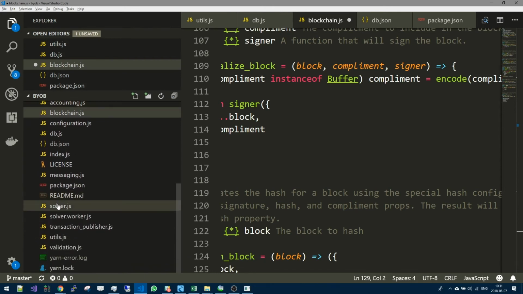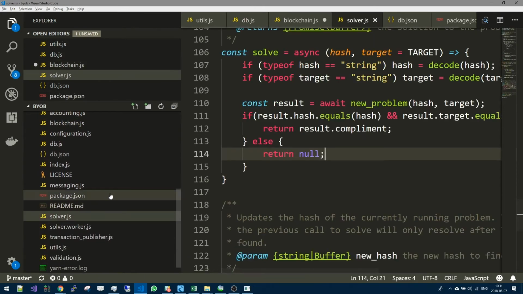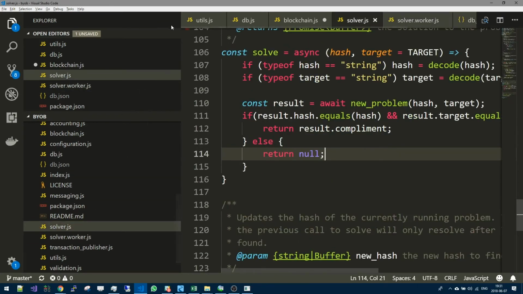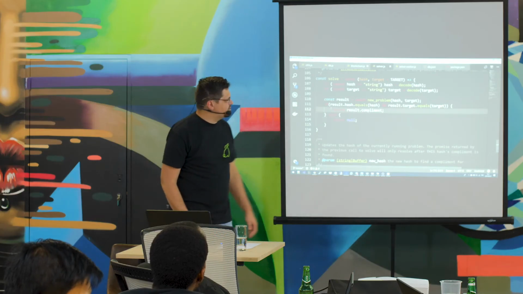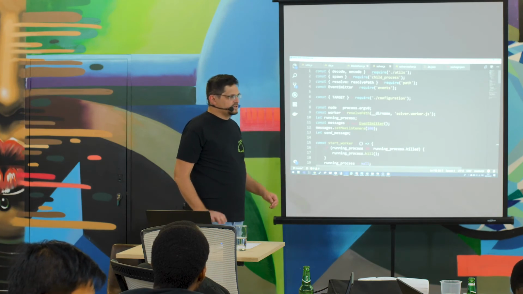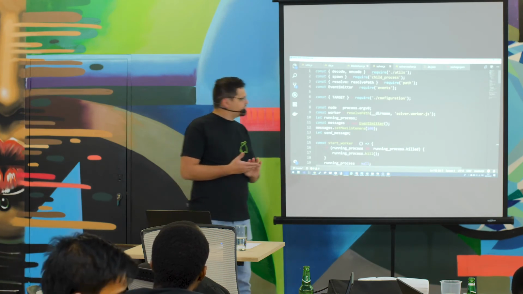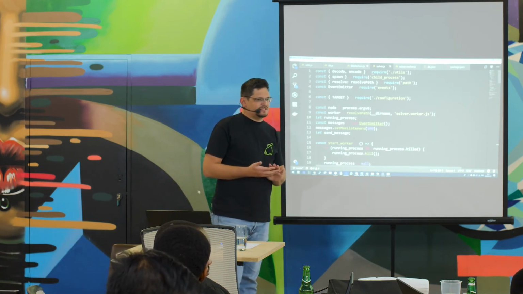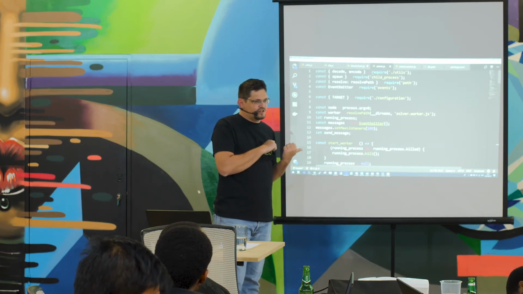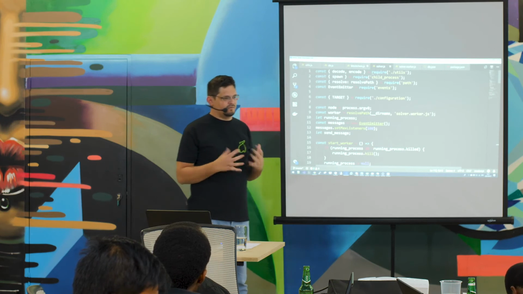So we've got this file called solver and solver.worker. This file is a bit needlessly complex because it involves some inter-process communication. The way that this works is a bit funny because Node.js is single-threaded. So we cannot calculate the block solution in the background and merrily go on the way we want.